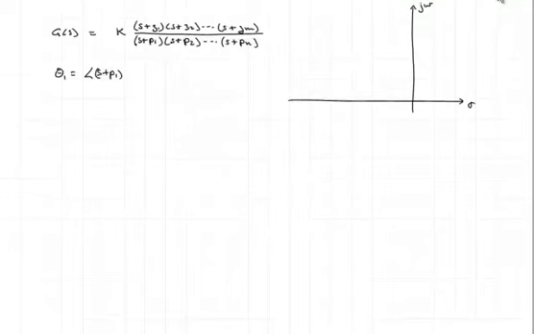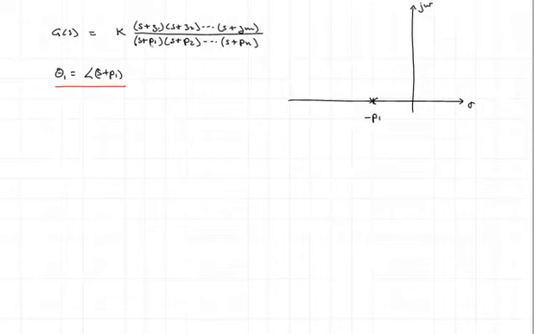Okay, let's take a look at how we interpret or determine graphically this angle of s plus p1 or s plus z1, etc. So let's assume that we have a pole that is located at minus p1.